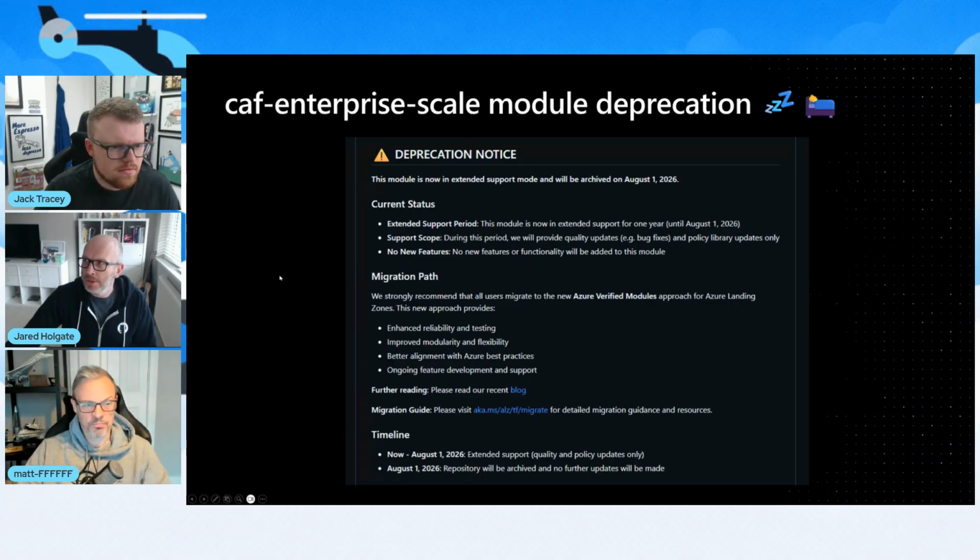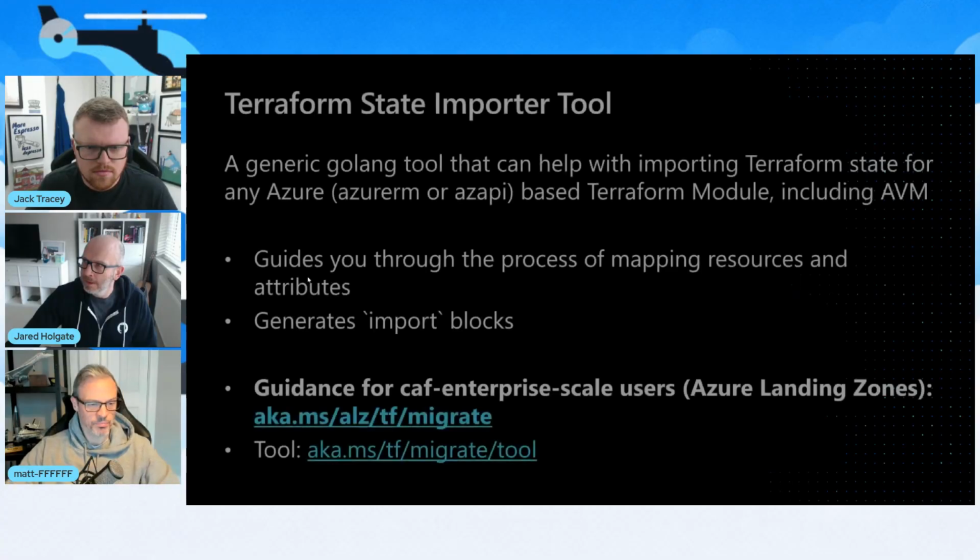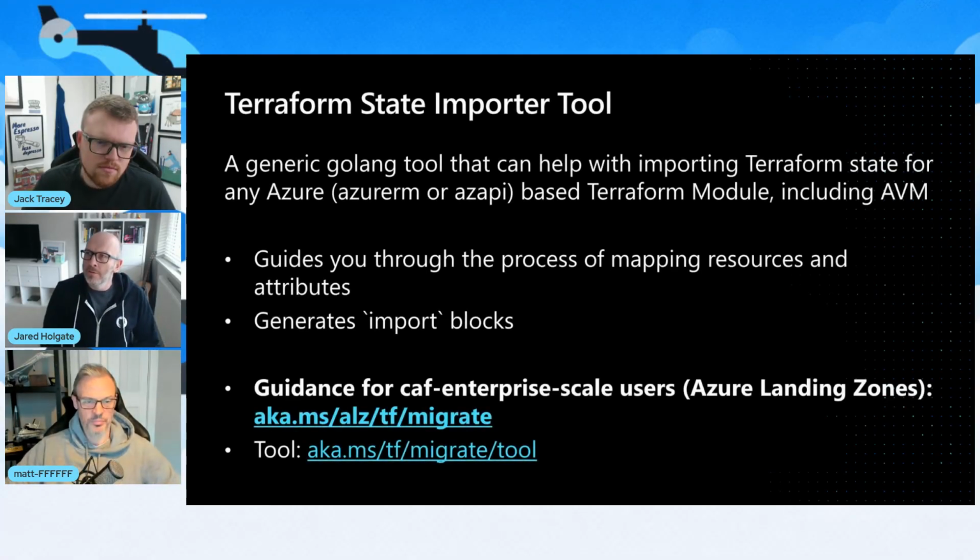Yeah, sure. So the tool that we wrote is written in Golang. It's to help create import blocks in Terraform. If you're familiar with Terraform, an import block is for importing state from something that already exists, in our case in Azure, but it could be any resource.